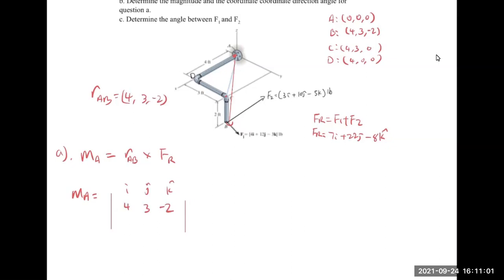You always want the first row to be R and the second row to be F: 7, 22, negative 8. And then just do the cross product.